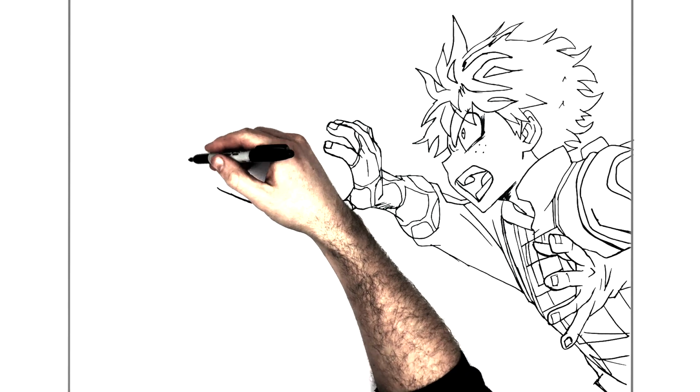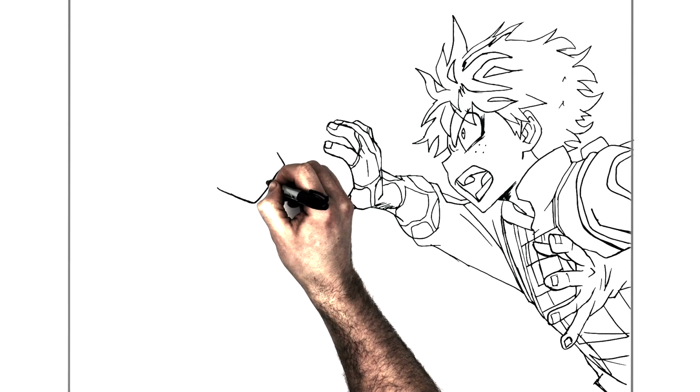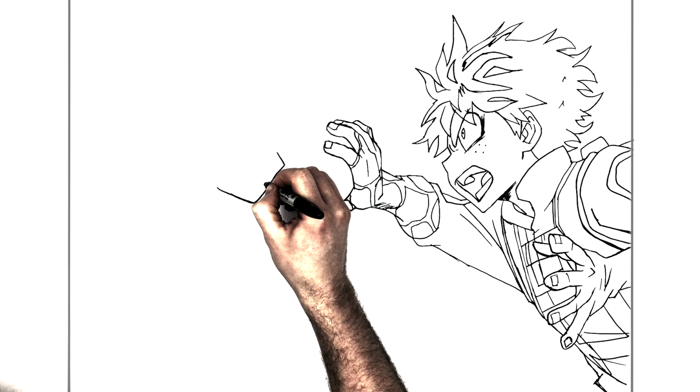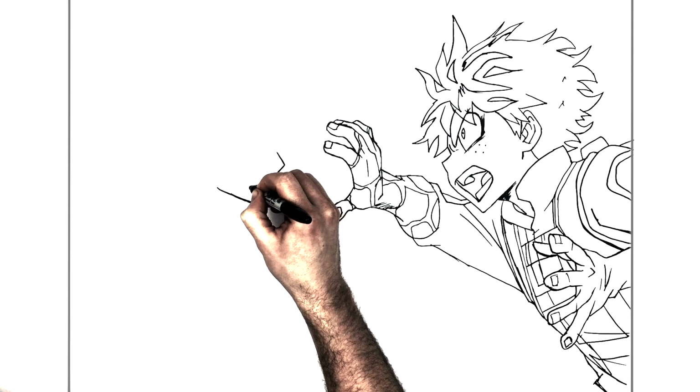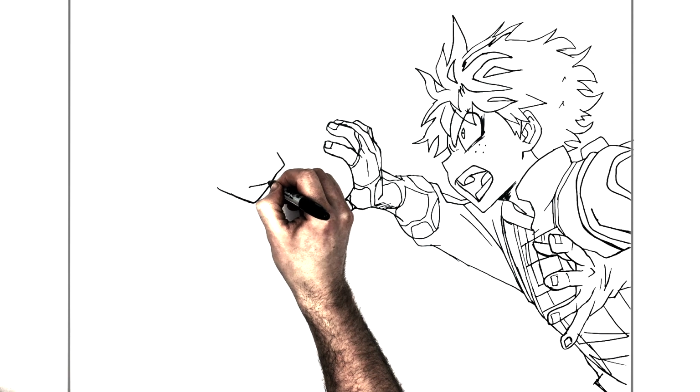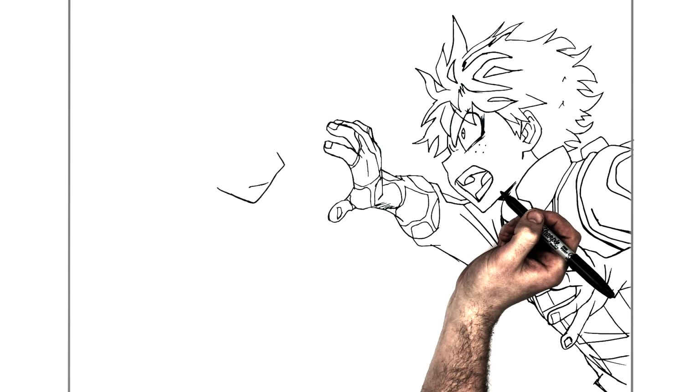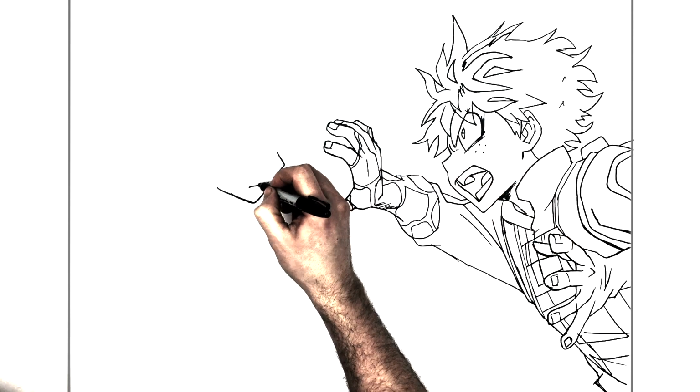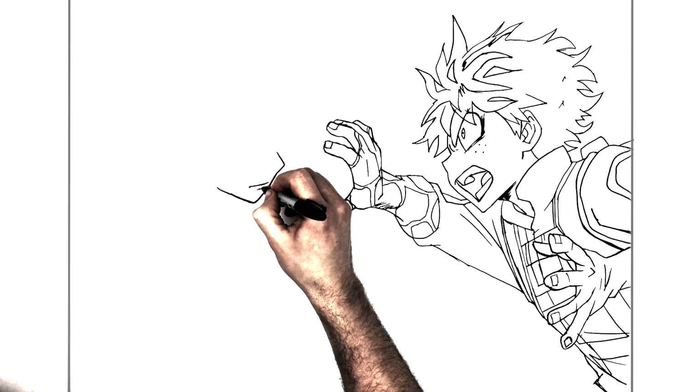So his mouth is from about here, just underneath his nose, like that. And then maybe a line for his bottom lip, just here.